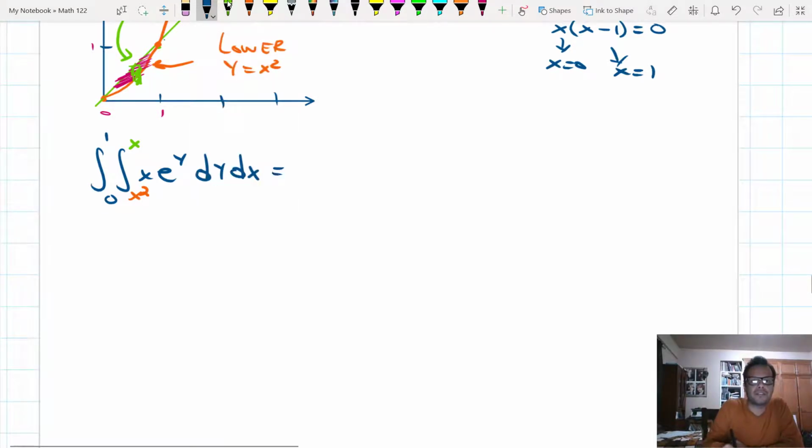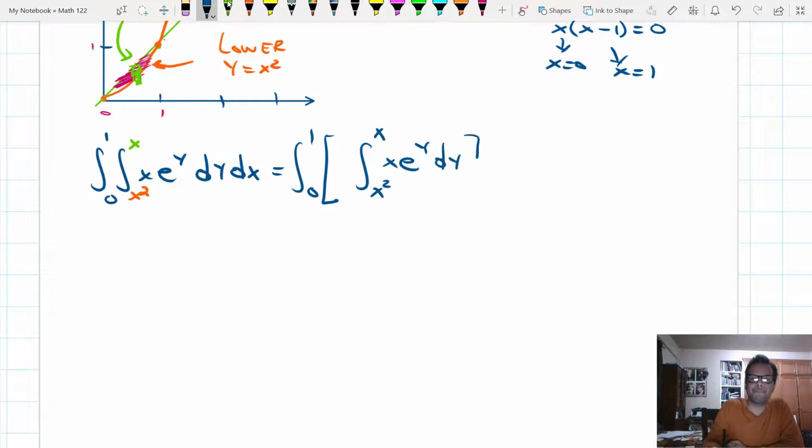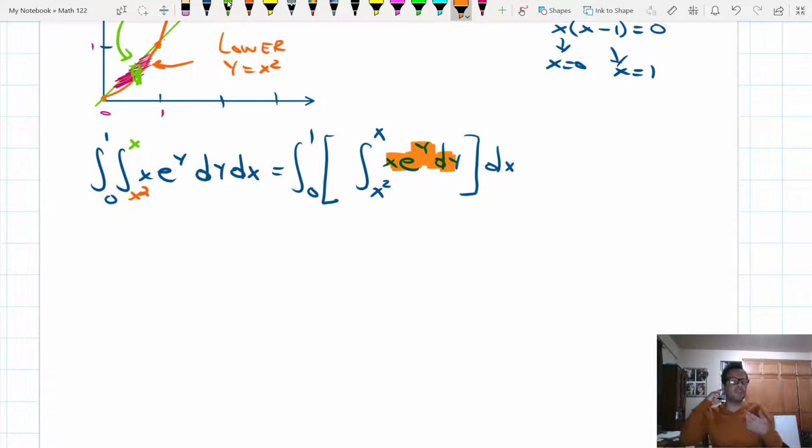Let's see. So again, the integral from 0 to 1, big bracket, the integral from x squared to x of e to the y, dy. Close the bracket times dx. Now, notice this integrand is being evaluated with respect to y.